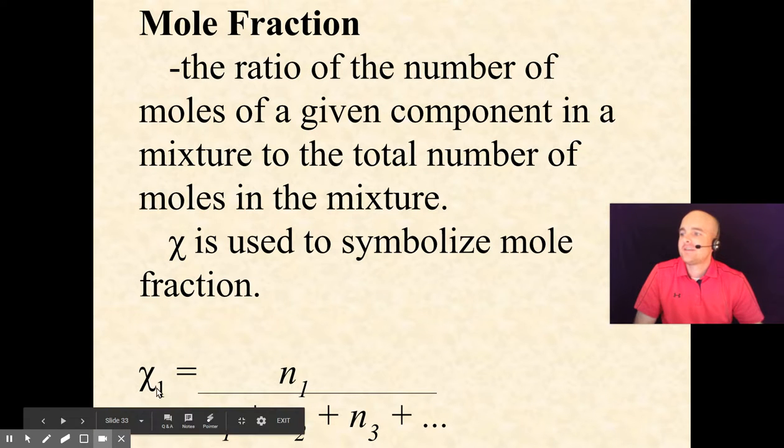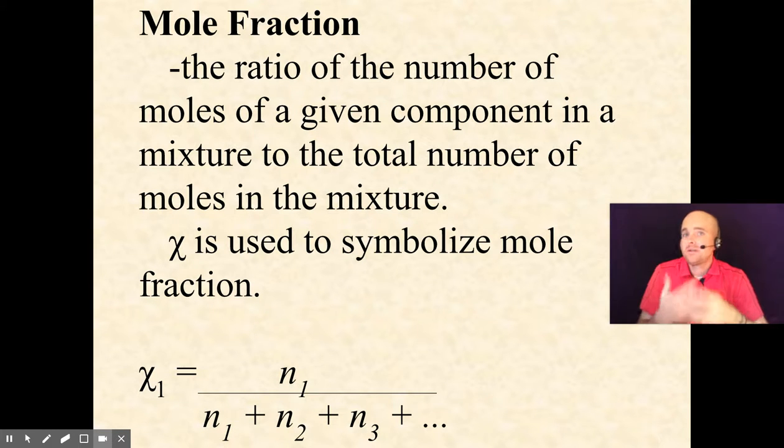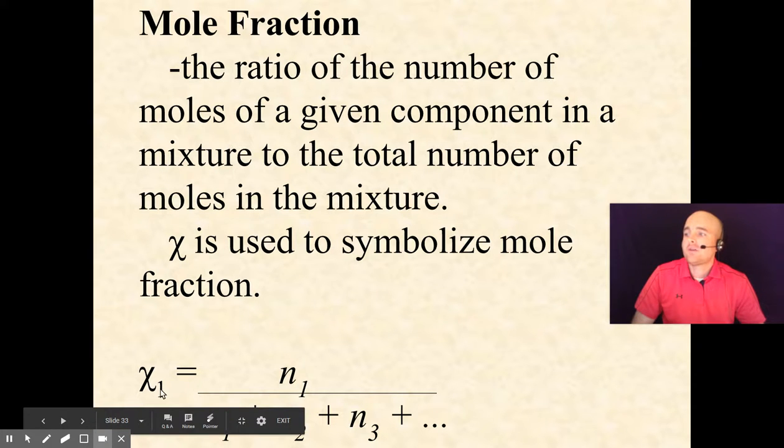Chi 1 would be n1, the number of moles of the first gas, divided by the total number of moles of all of them. And you would also have chi 2, which would be n2 divided by the total, and chi 3, which would be n3 divided by the total.